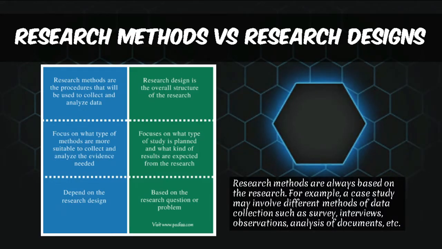For research methods, we are normally pertaining only to the procedures that will be used to collect and analyze your data. From this table, we see that research method is just a part of your research design.